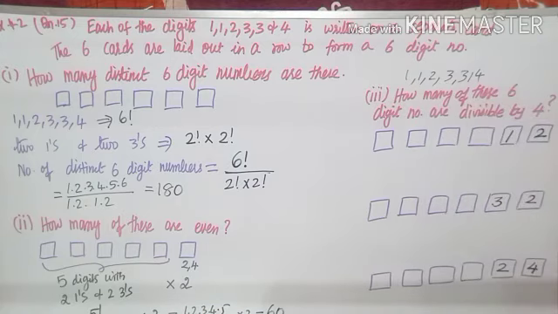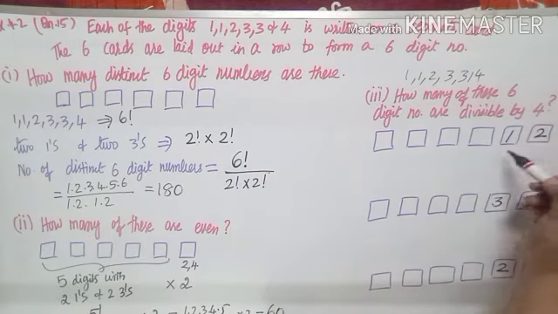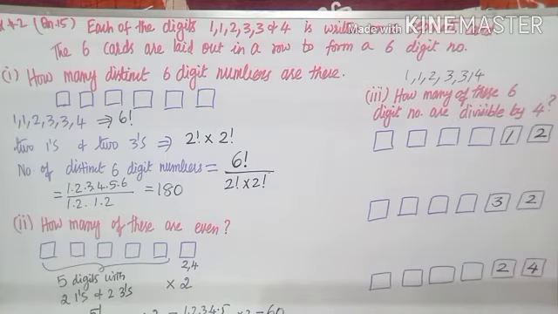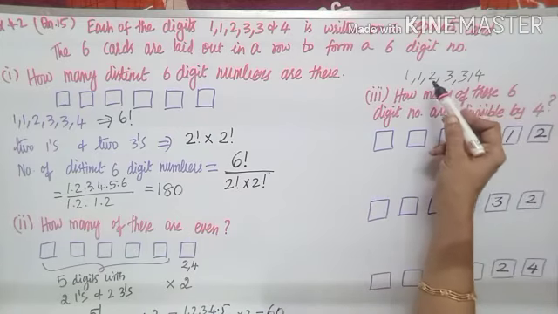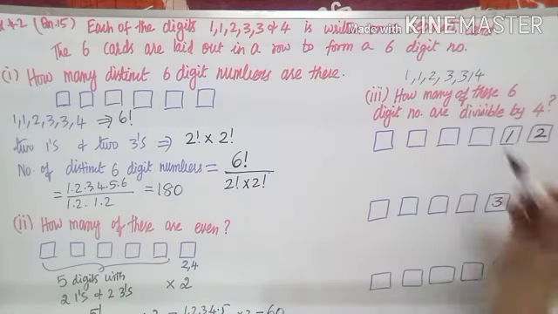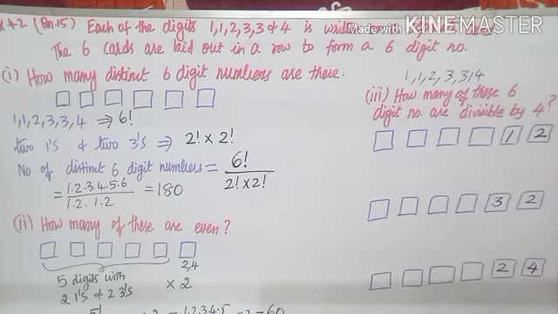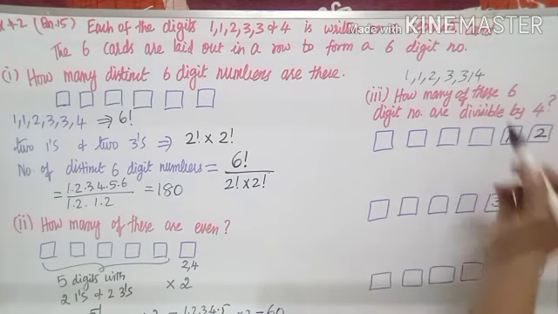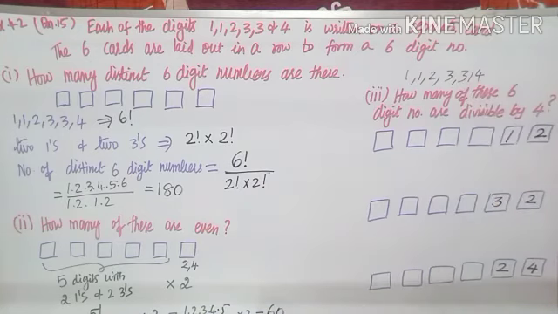So I have 3 different combinations. Divisible by 4 depends on the last two digits. So out of the given 6 digits, I can frame 12, 32 or 24. 34 is not divisible by 4, 42 is not divisible by 4. So the possibilities are 12, 32 and 24.